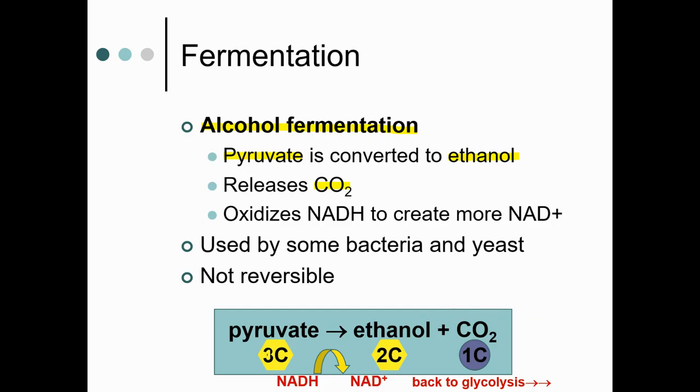This is also what happens in your bread. If you're using yeast in your bread, it causes these CO2 bubbles to be released, and that's what causes your bread dough to rise. So alcoholic fermentation is essentially turning pyruvates into ethanol alcohol and carbon dioxide. And notice that we are recycling those electron carriers.